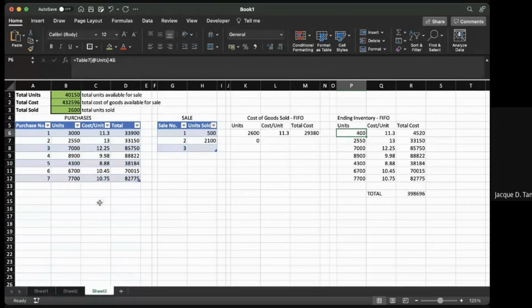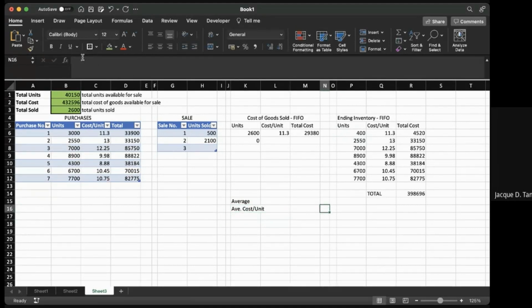What if it is for weighted average, or average? So for average, what you need to do is to first compute your average cost per unit.